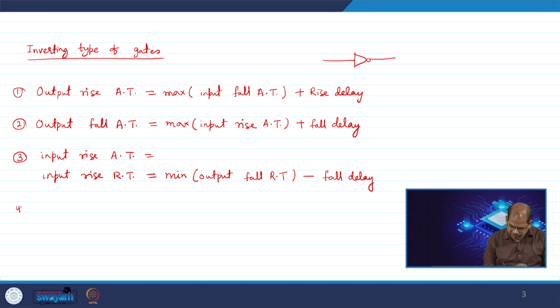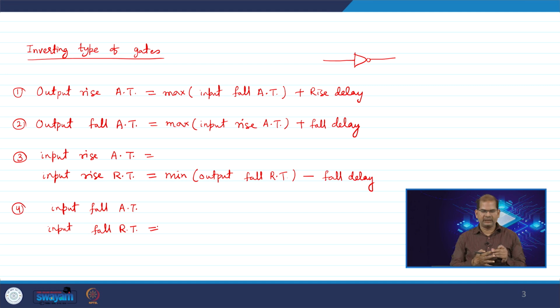Then the fourth one, input fall arrival time, or I can write input fall required time, because the required time is needed for my slack calculation.